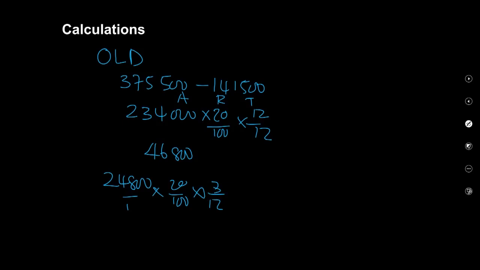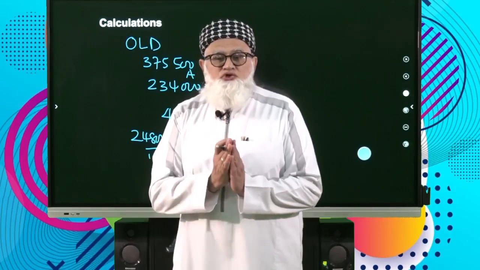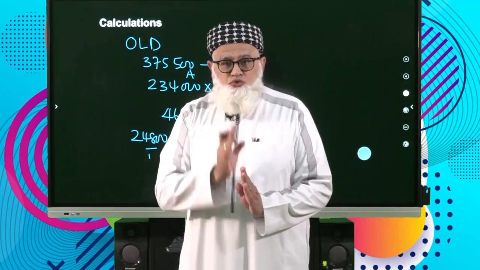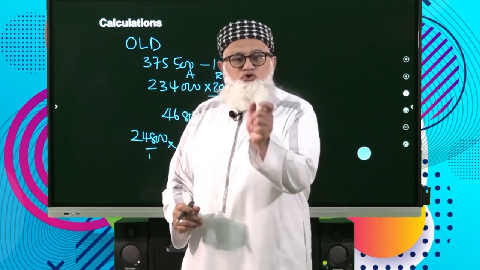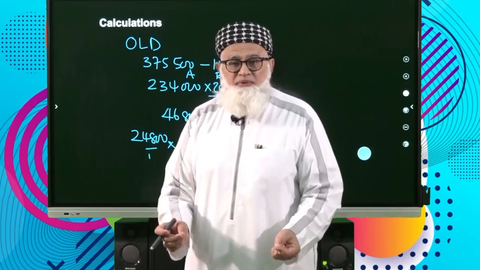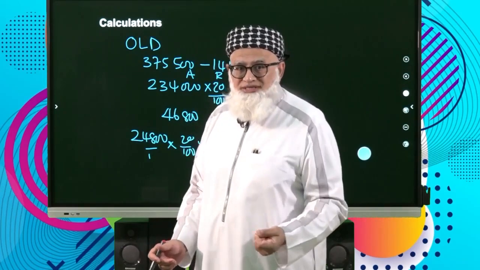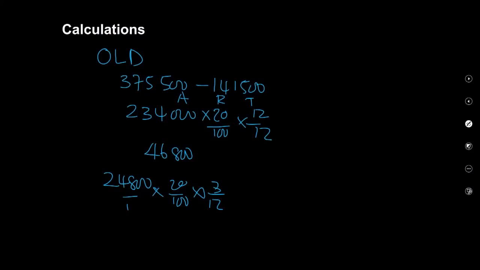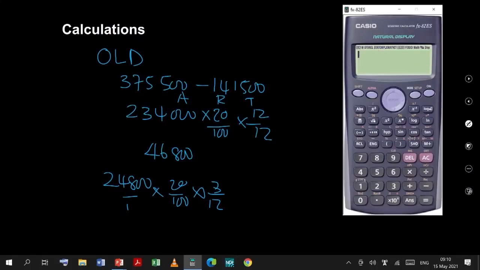Now remember once again, the question is, why am I using the 24,800? Because the 24,800 was not subjected to any depreciation, it's new equipment. Therefore, you work on the 24,800. 24,800 was the new equipment that we purchased, times 20%, which is my rate of depreciation, times 3, divided by 12, and that will give me a figure of 1,240.